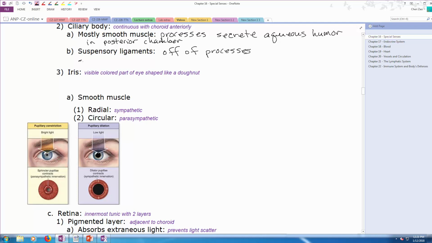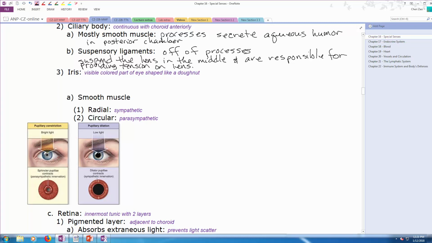They suspend the lens in the middle, right in front of that donut hole, right in front of your pupil, and are responsible for providing tension on the lens.